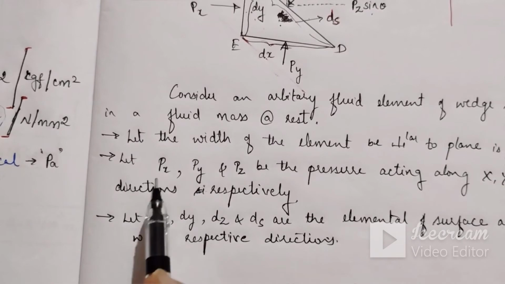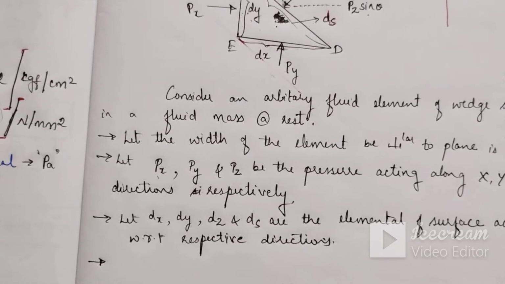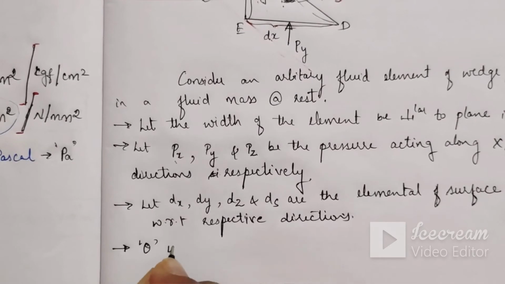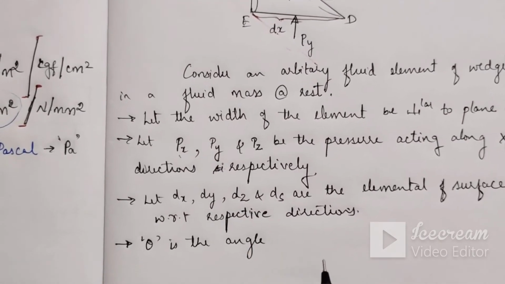So PX, PY, PZ and dx, dy, dz, and also theta. We have to mention theta also.